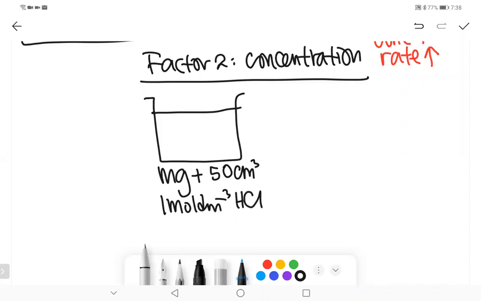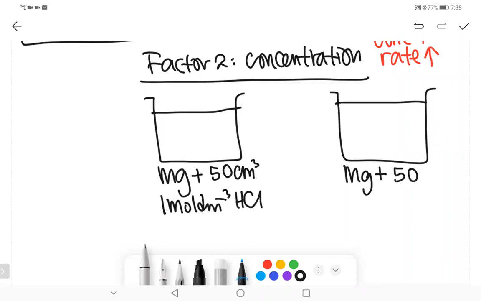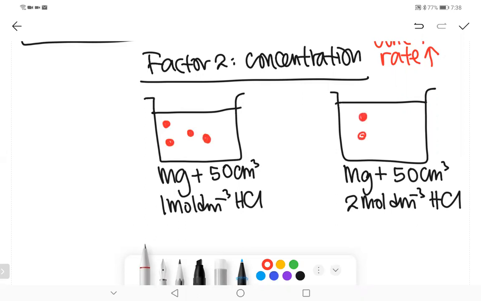Another one here, we have magnesium react with 50 cm cube, 2 mole per dm cube hydrochloric acid. Okay, let's draw a diagram. So this is magnesium, and this is magnesium. What is the difference here? Here we use 1 mole per dm cube hydrochloric acid, and this one we use 2 mole per dm cube.